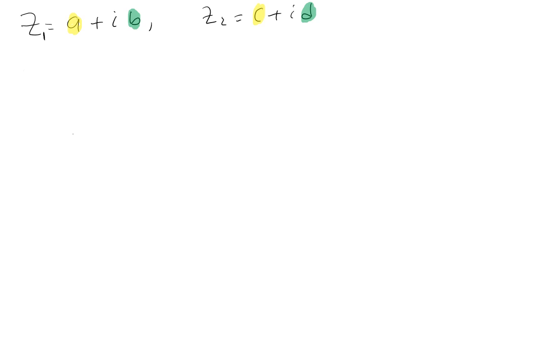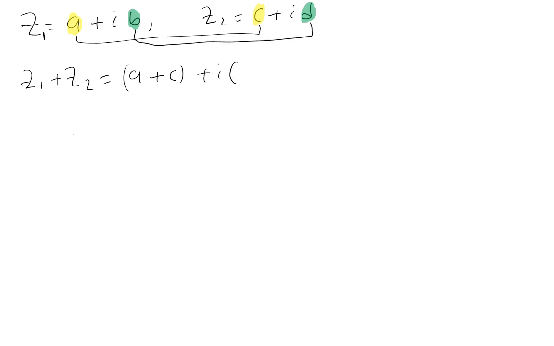So z1 plus z2, if you want to add these two, first we add these two real parts, a plus c, then plus i, then we add the imaginary parts, b plus d.